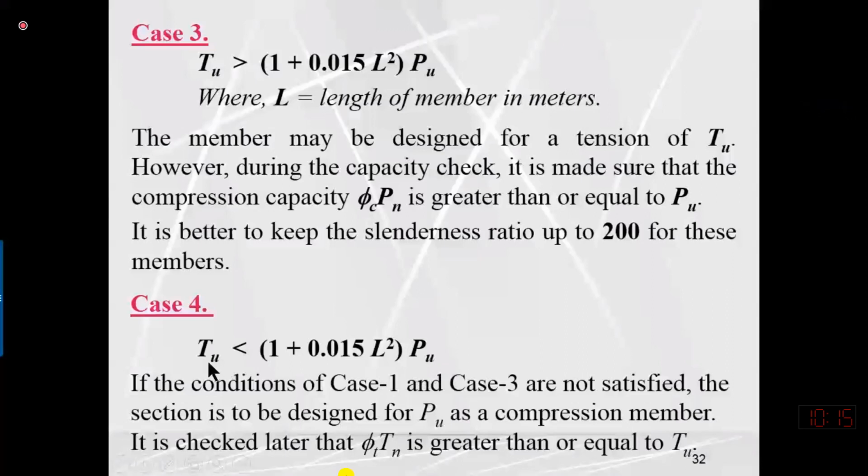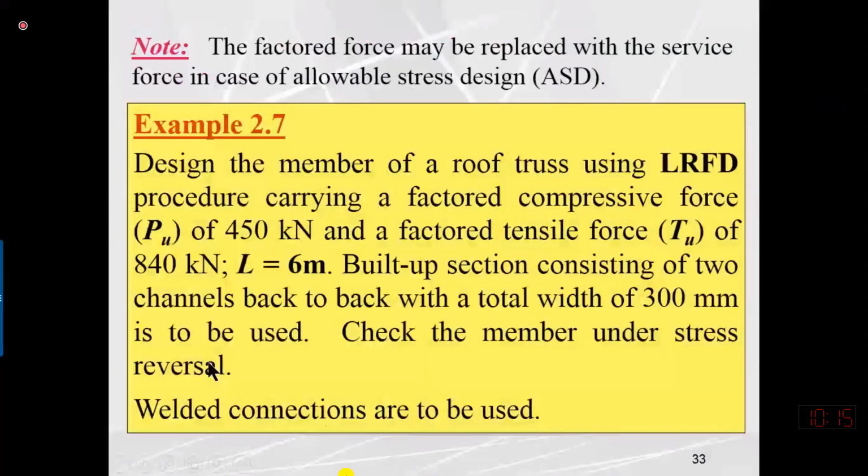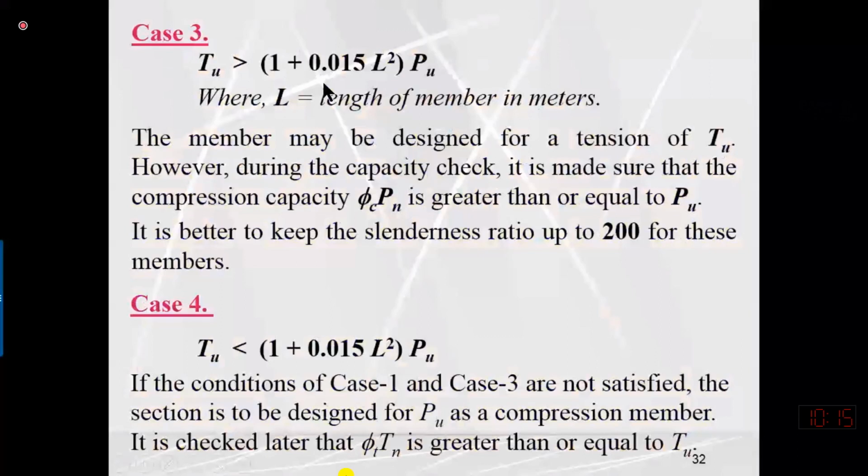Here the factored force may be replaced with the service force in case of allowable stress design. If we have ASD, then we need to compare the service tensile load against the service compressive load.